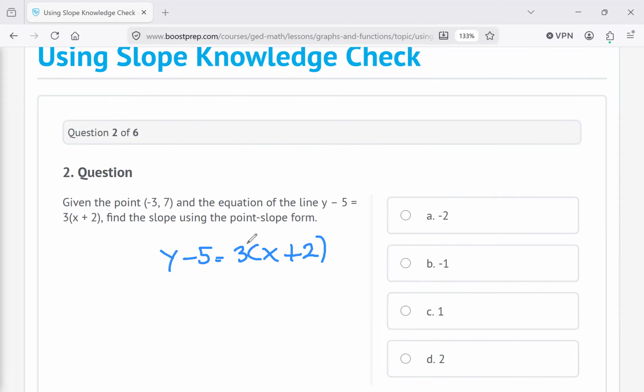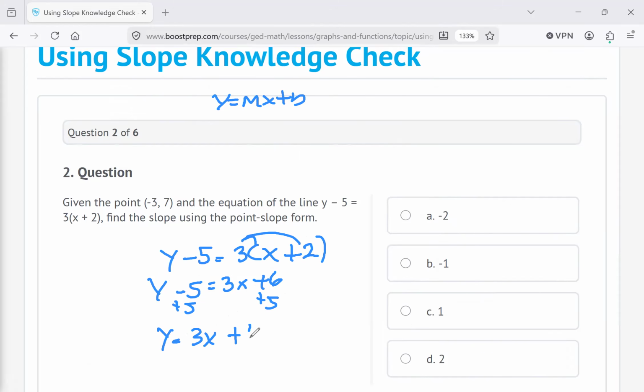What if I solve for y, meaning I put it in the form y equals mx plus b. So this would be 3x, this would be 6, this would be y minus 5, add 5, add 5, y equals 3x, and then 6 plus 5 is 11.